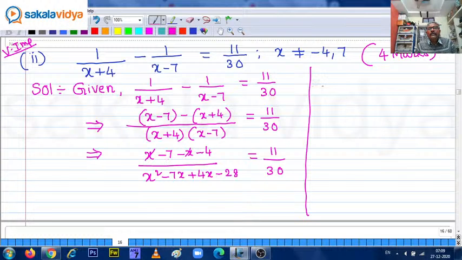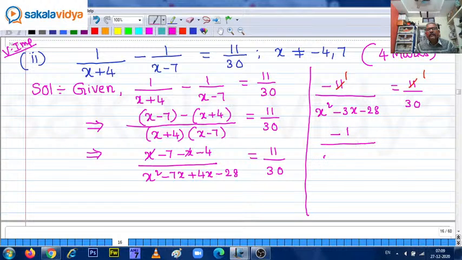Minus 7 minus 4 is minus 11 upon x square minus 7x plus 4x minus 28 equal to 11 upon 30. Now what shall we do here? This 11 gets cancelled on both sides. So here we have negative 1 upon x square minus 3x minus 28 equal to 1 upon 30.